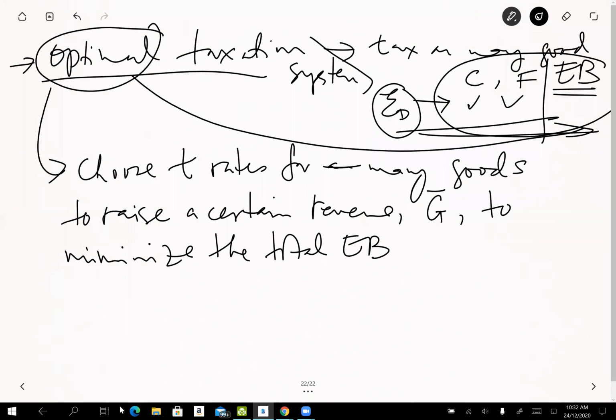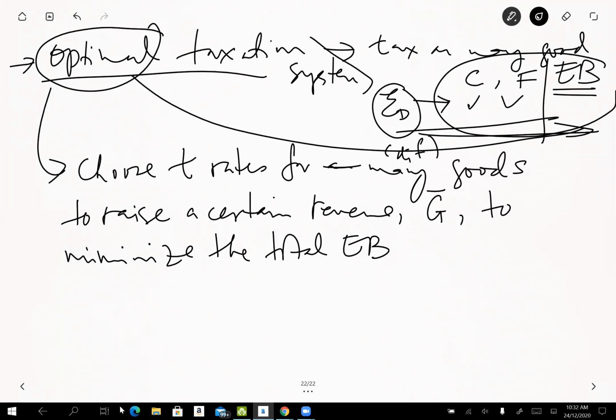The optimal taxation is the government will want to choose tax rates for different goods, for many goods, by raising a certain amount of revenue.